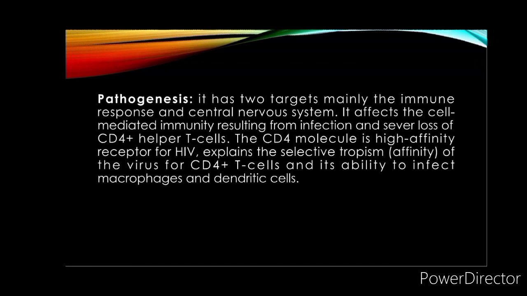It affects cell-mediated immunity resulting from infection and severe loss of CD4 helper T cells, and the CD4 molecule is a high affinity receptor for HIV. It explains the selective tropism, or the affinity of the virus, for CD4 T cells and its ability to infect macrophages and dendritic cells.